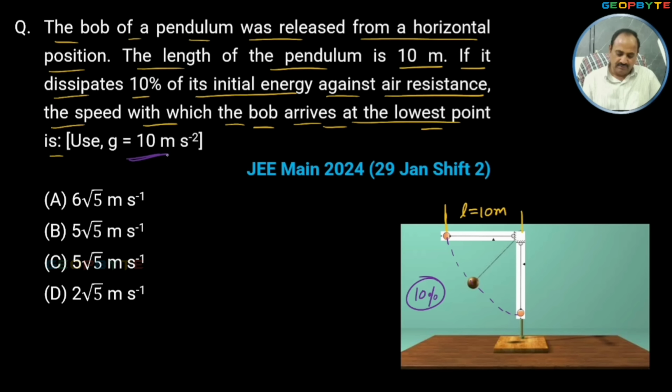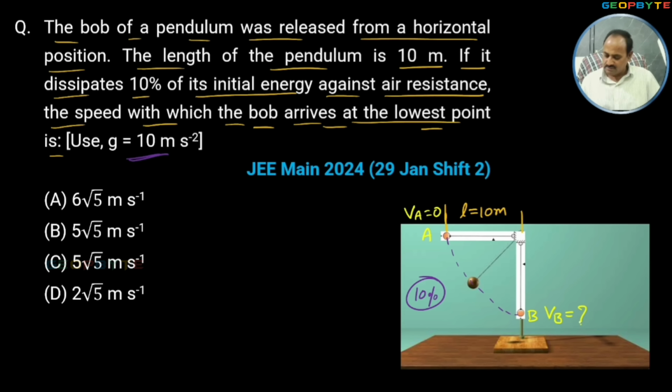Look at the g value given: 10 meters per second squared. By the time the bob reaches the bottommost point, what will be the velocity of the bob? Let this be the position of the bob, A, where the velocity is 0. This is the point B, where the velocity is VB.